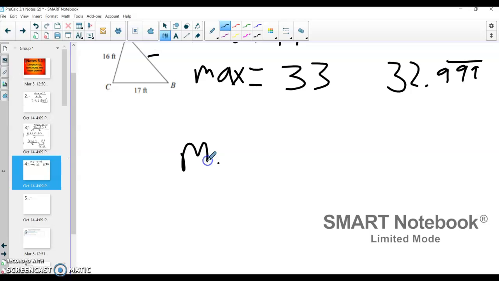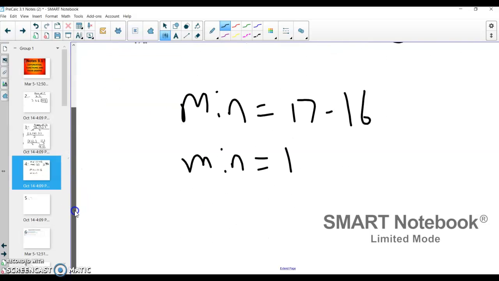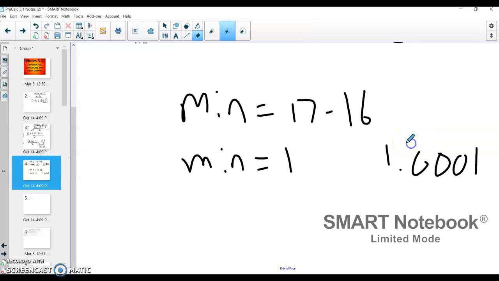For the minimum, we do subtraction instead of addition. So 17 minus 16 gives me 1 as my minimum. And again, numbers like 1.0001, that number works.